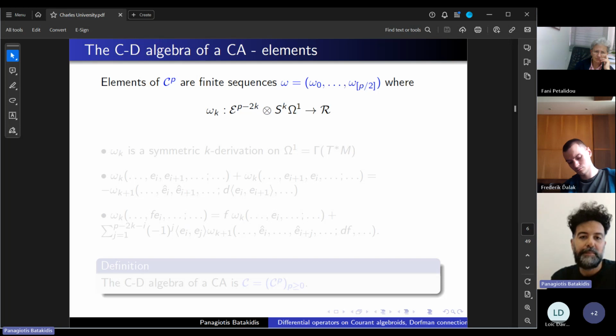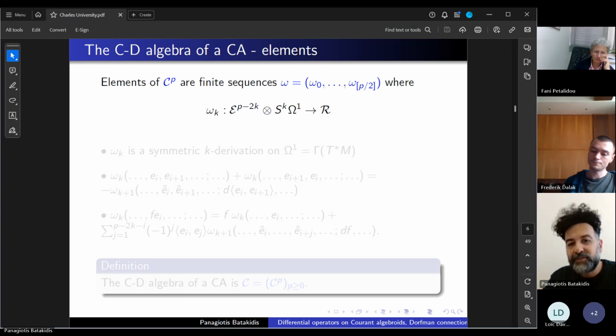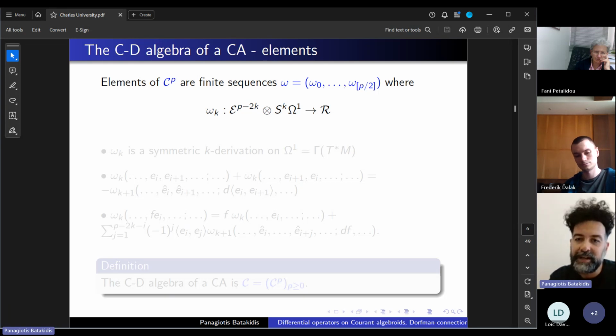So this p in C^p is an index; we will see what the role of this is. Elements in this thing are just finite sequences of omega_k's. So you have an omega, an element in C^p, and it's composed of all these pieces, and every omega_k is a map like that. What we have to remember, at least in the future, is that these omega_k's take two kinds of variables.